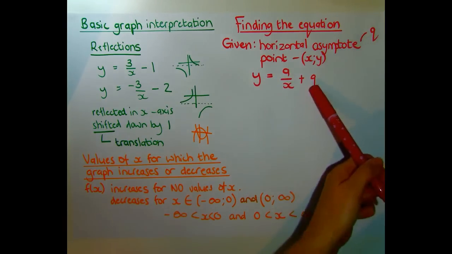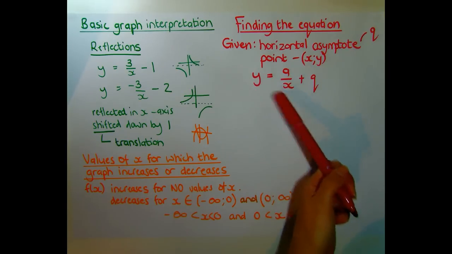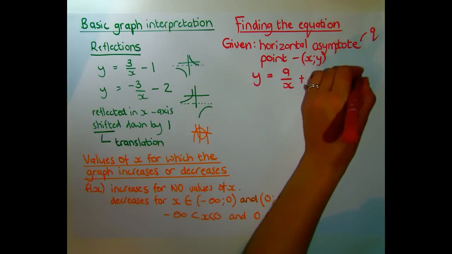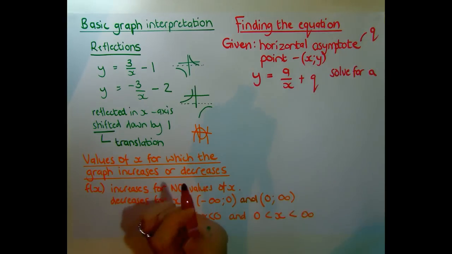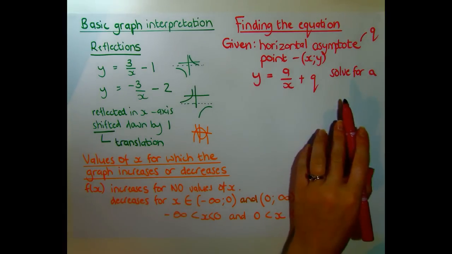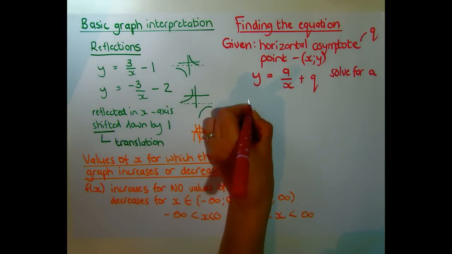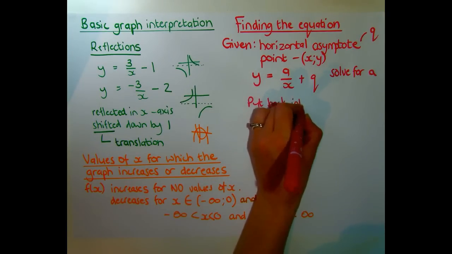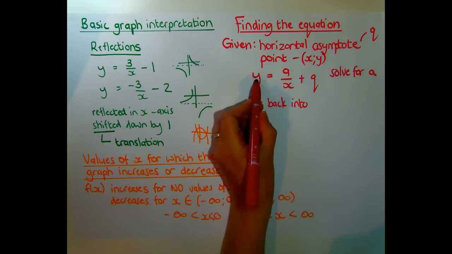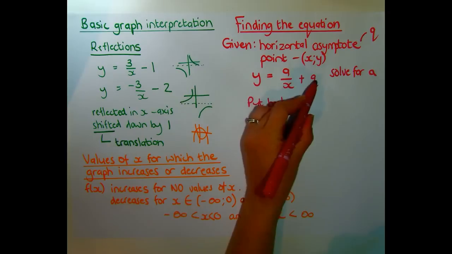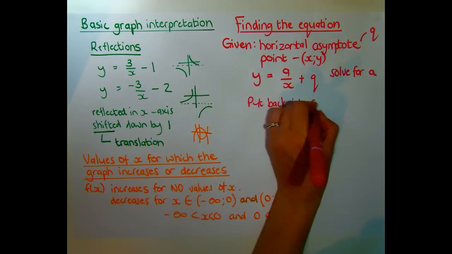So you've subbed in the q, you've subbed in y and x, you're solving for a. So you're going to solve for a and get out an answer. You can see why equations are so important, because they get used throughout other forms of mathematics. So you're going to solve for a, but then the most important thing is you're going to put it back into standard form, which is that. So you have a y in the formula, you have an x in the formula, but your a value and q value are numbers.